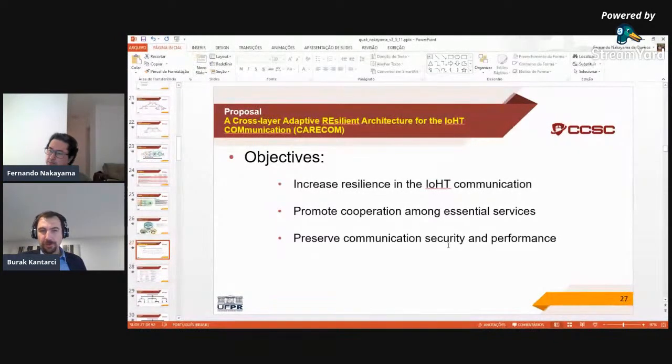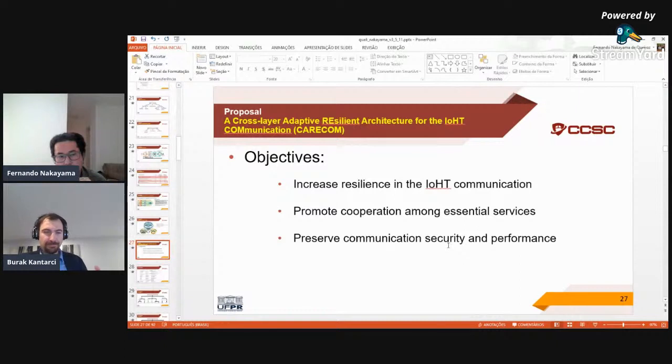For the promotion of cooperation among essential services, I'm still a little bit not clear about what you're addressing here to improve or to promote cooperativeness from the standpoint of actually performance metrics.